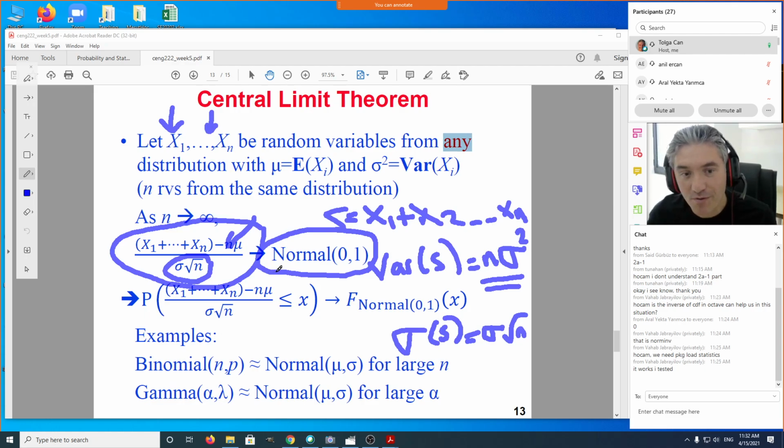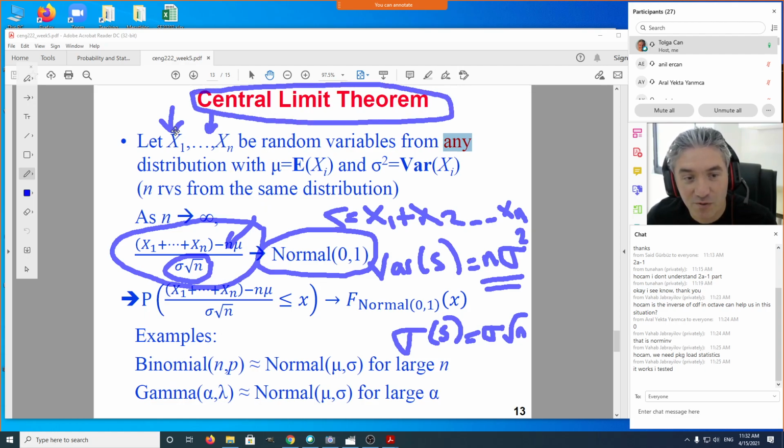It's a very strong theorem, right? That's why it's called the central limit theorem. It works for values of n, as I said, 30, 40, 50, and we will be using this, for example, when we make inferences, when you're predicting probabilities of something. We will conduct simulations and predict probabilities.